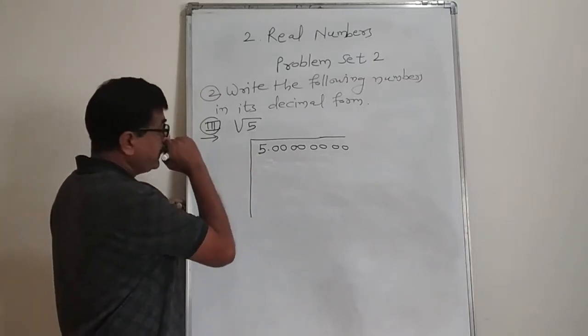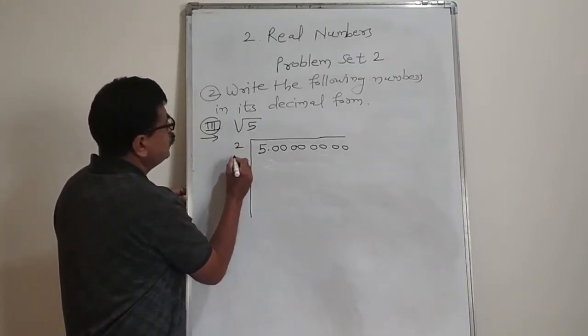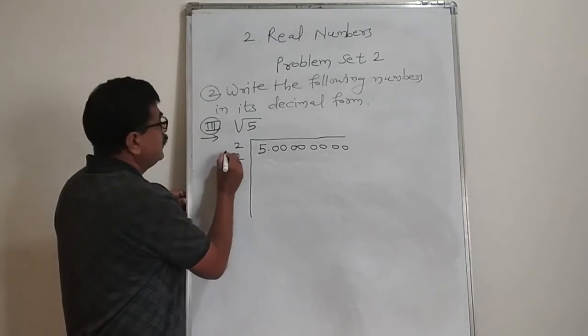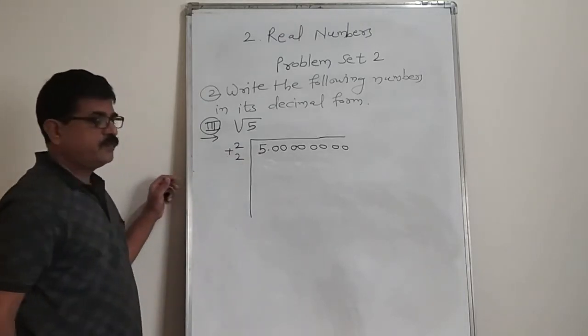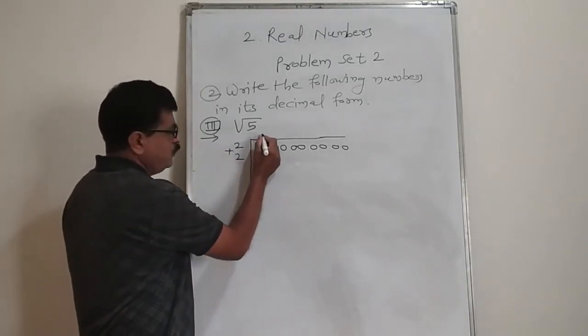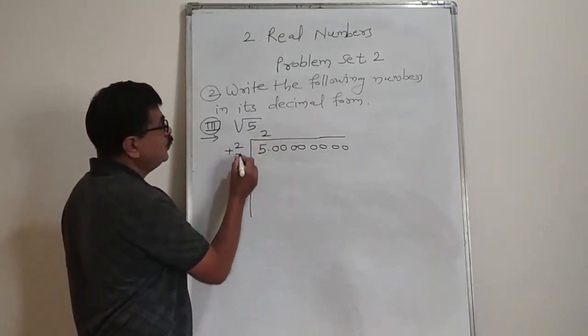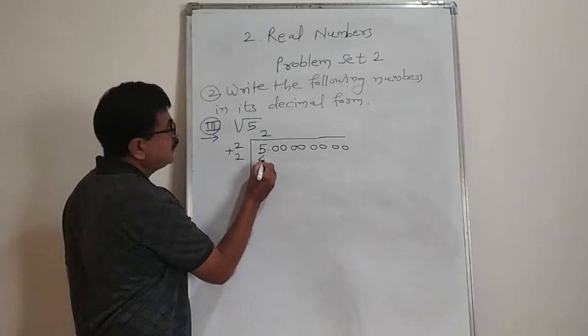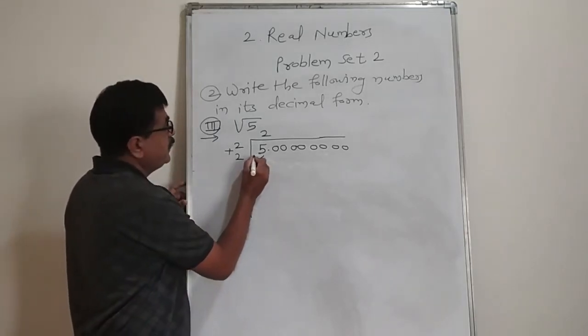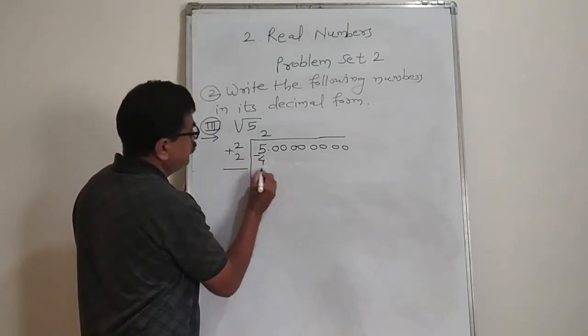That is, if we take here 2, 2 into 2, take multiplication here, taking subtraction.